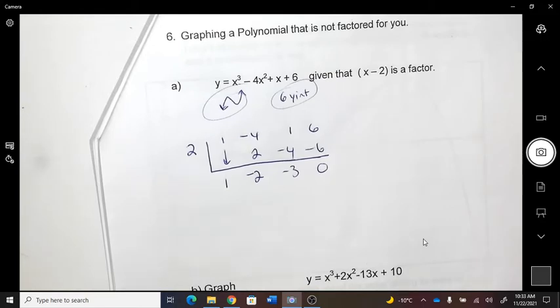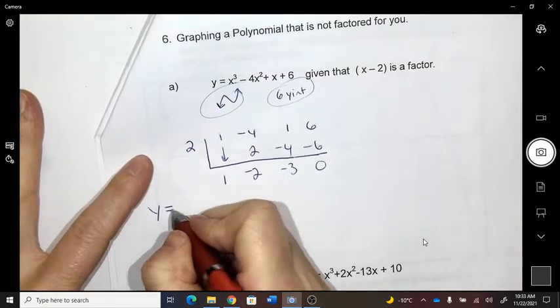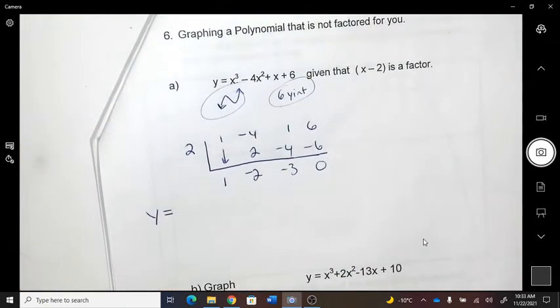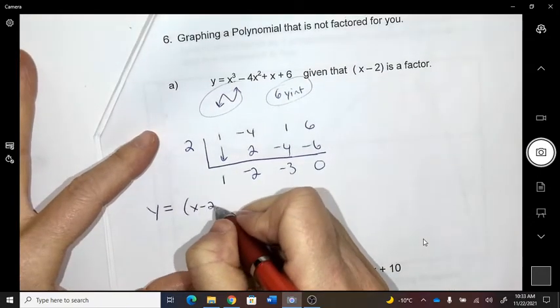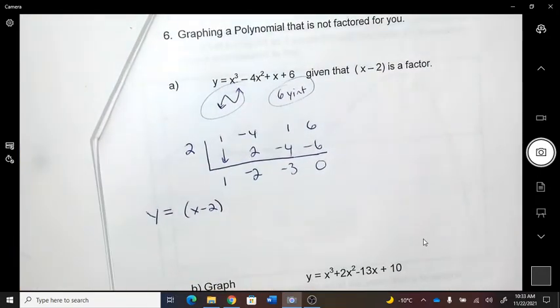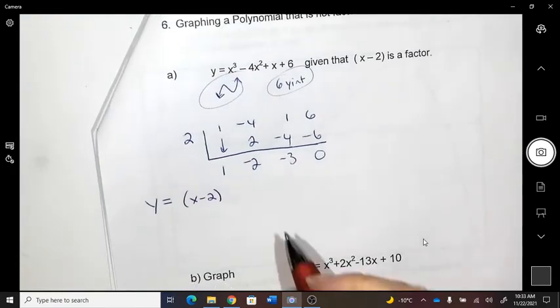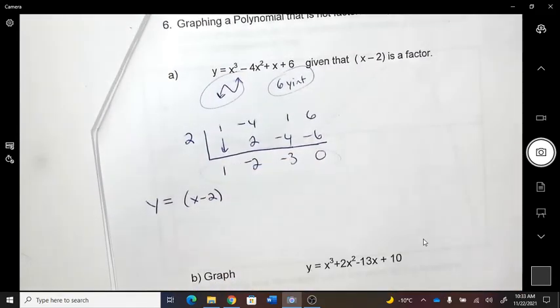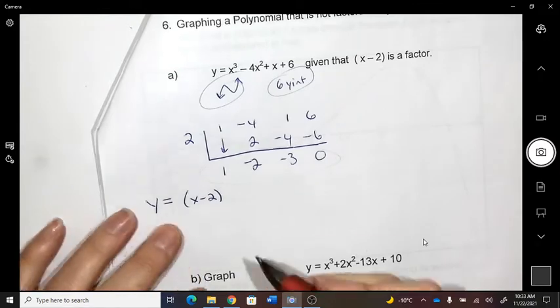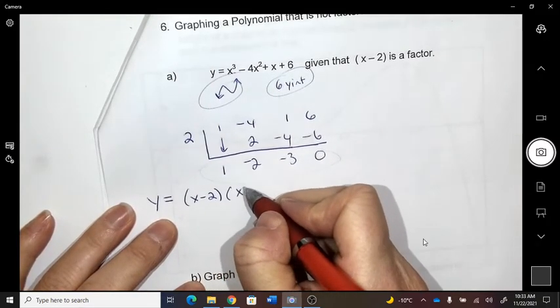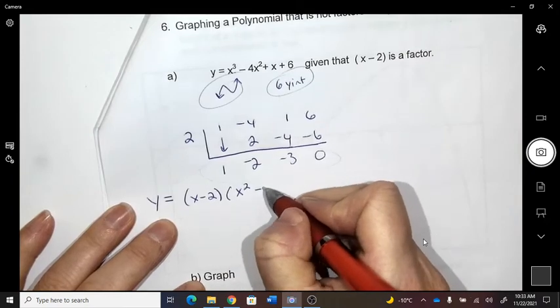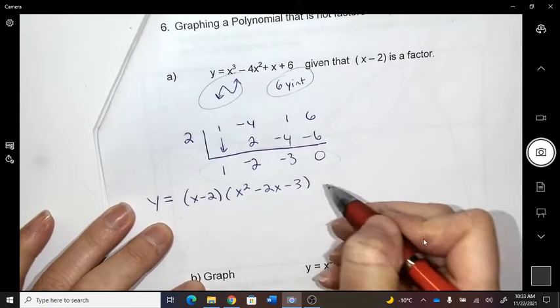Okay, so if I'm going to write this in factored form, I already knew x minus 2 was one of the factors. And what else? How do you write this? 1 what? X squared minus 2x minus 3.